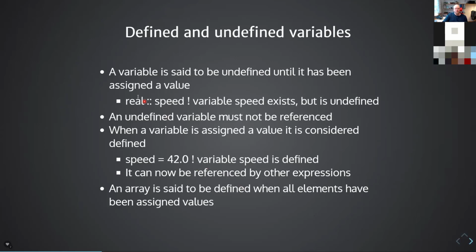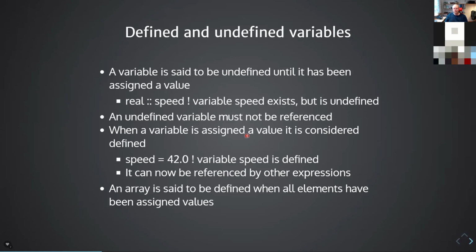So if you just declare the speed variable here and do nothing with it, it's considered undefined. And the general rule is that you shouldn't refer to undefined variables. It's completely legal to refer to an undefined variable, but you get an unexpected result if you do.